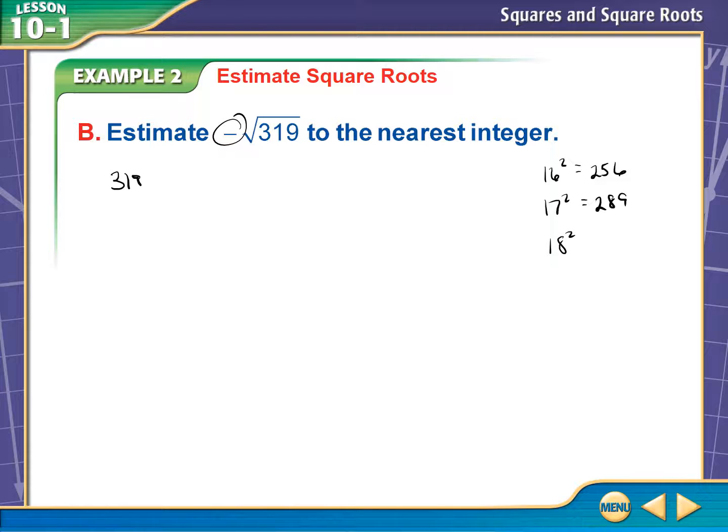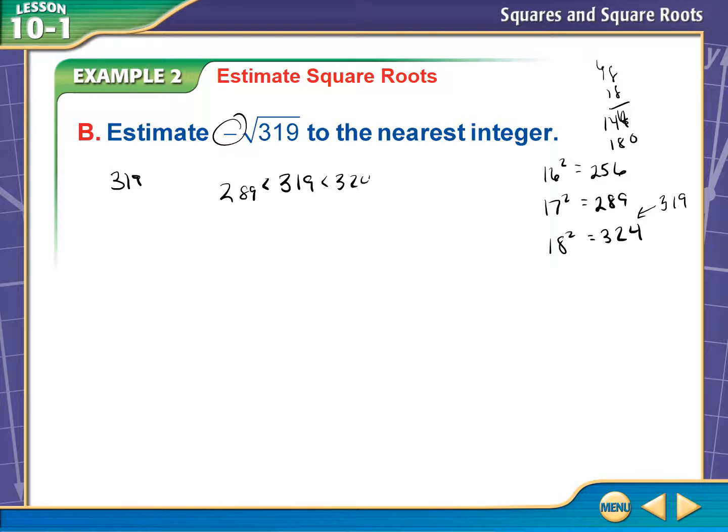And 18 squared is going to be, let's see, 18 times 18, we'll just do that quickly, 324. So 18 squared is 324. So that shows me that 319 fits in nicely here between 289 and 324.